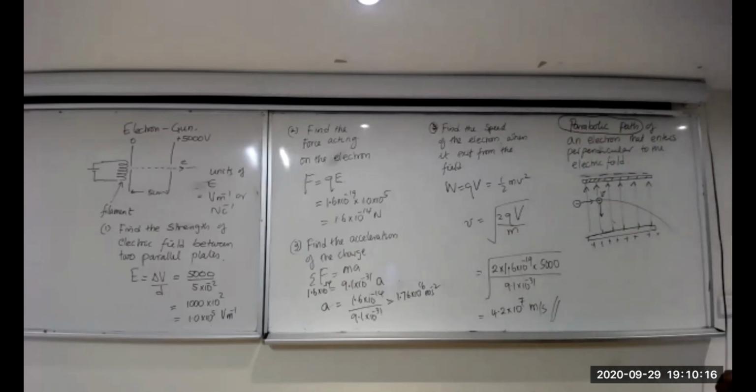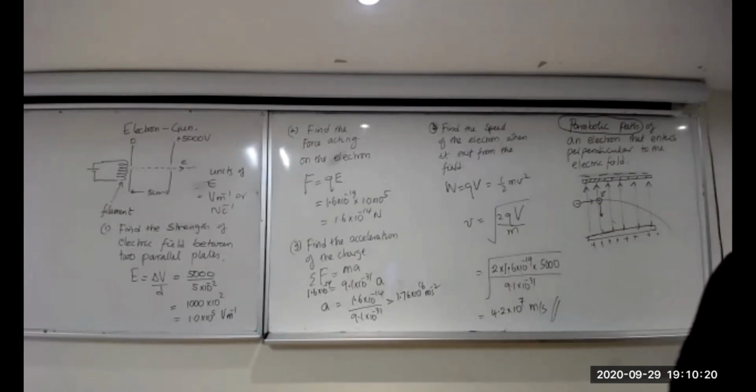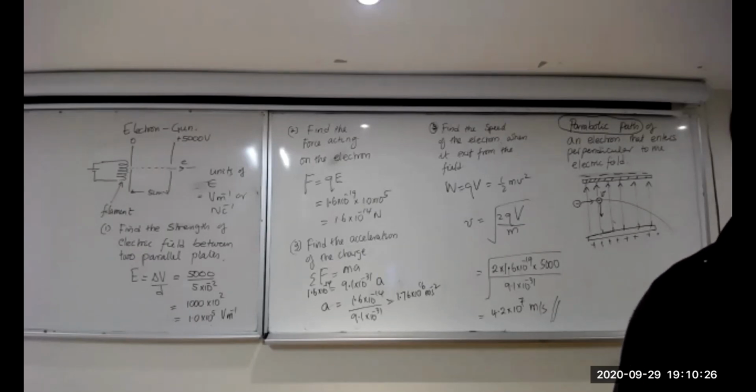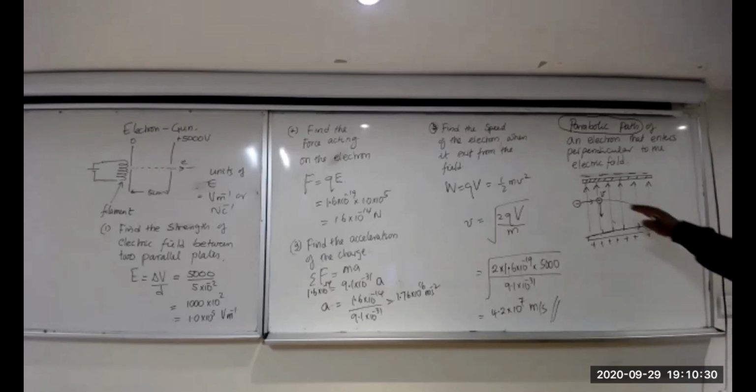It's easy to explain because you're shooting the electron horizontally. The electron enters perpendicular to the electric field, so there are no horizontal forces.